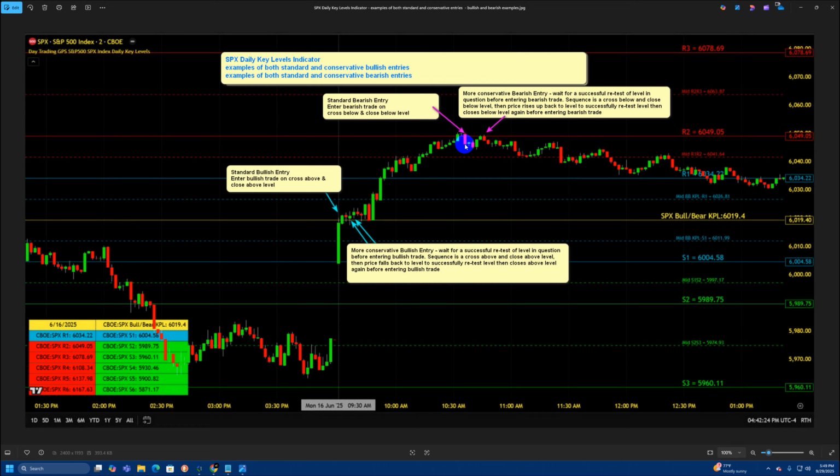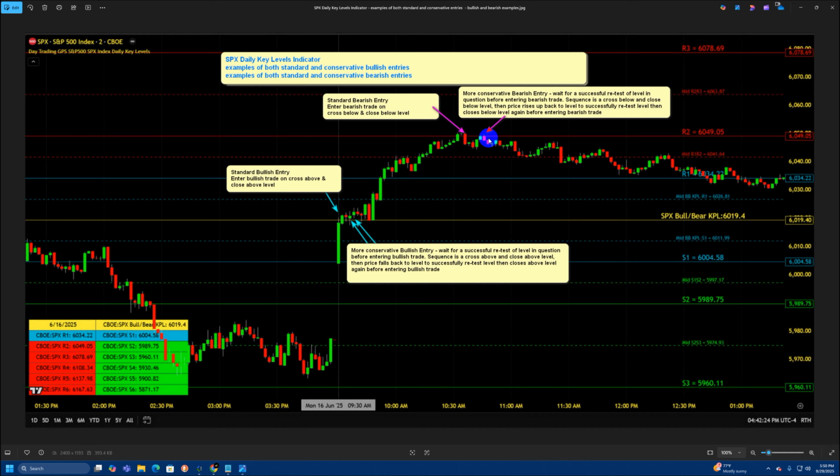Then price rises back up to test the level in question and then closes below that level again. That's a successful retest of the level. So this is where you would enter on a successful retest. You could have also entered here. That would have been a little bit later, but either one of these candles here would be considered the successful retest.